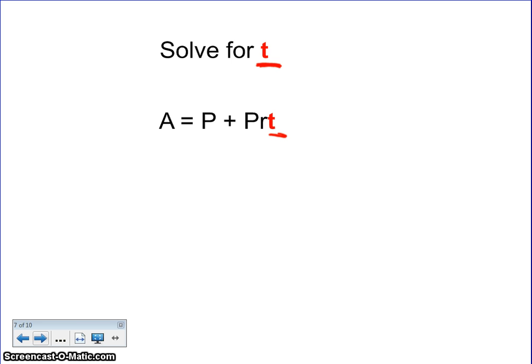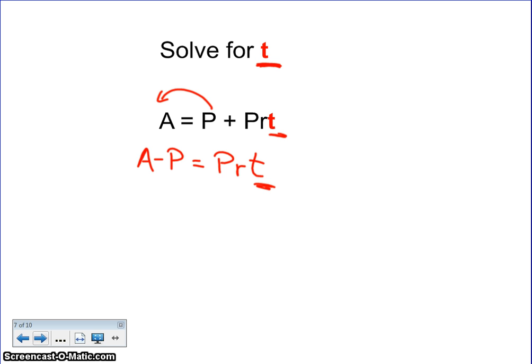Now, before you can divide by p and r to get t by itself, you've got to get rid of any other terms that are on this side. So similar to what we were doing with the x term, the first thing we're going to do is move that p to the other side. It's going to become negative p on the other side, so we have a minus p is equal to prt.